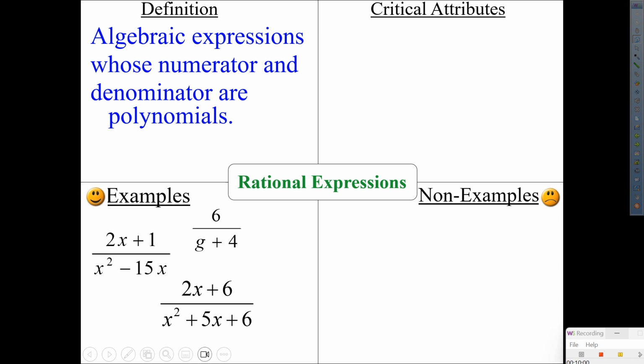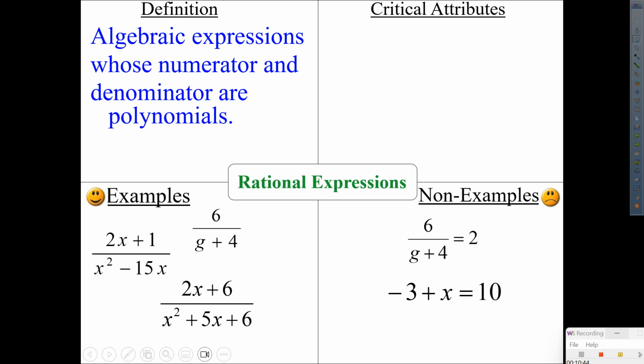Look at them. Do we have a numerator and denominator? Yes. Are they polynomials? Yes. So they should have some sort of polynomial in that fraction. Okay. Look at the non-examples. Don't copy them. And tell your neighbor why, obviously, those are not rational expressions.